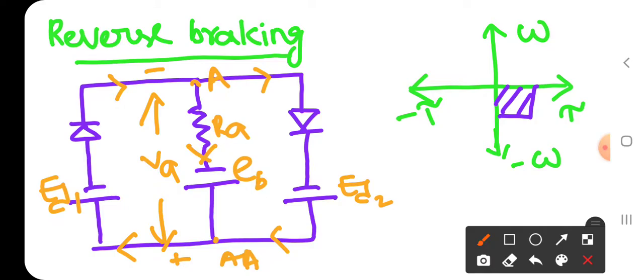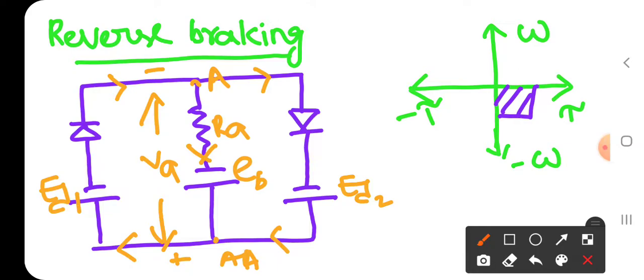The armature current flows from A to AA and it is supplied by converter 1 only.